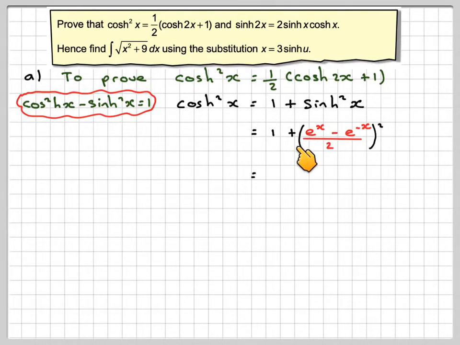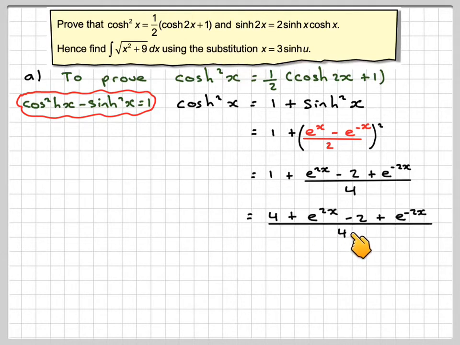So this will be equal to 1 plus e to the x minus e to the minus x over 2, all squared. So this is going to be 1 plus e to the 2x minus 2 plus e to the minus 2x over 4 when you square the 2. Making a common denominator, we get 4 plus e to the 2x minus 2 plus e to the minus 2x over 4. 4 minus 2 will give me 2, so we get 2 plus e to the 2x plus e to the minus 2x, and then I'm going to take out 2 from the common denominator.